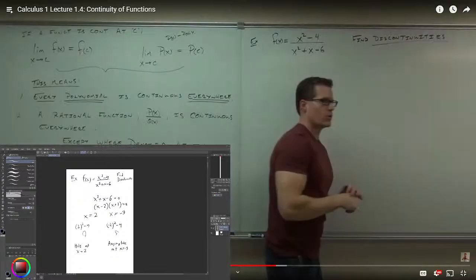So a hole at x equals 2, and an asymptote at x equals -3. And it didn't ask for anything else, like the limit or anything.